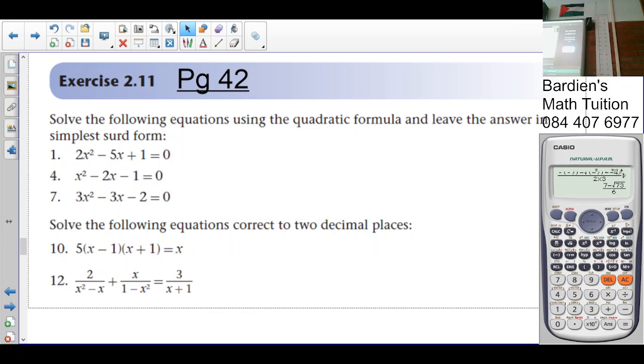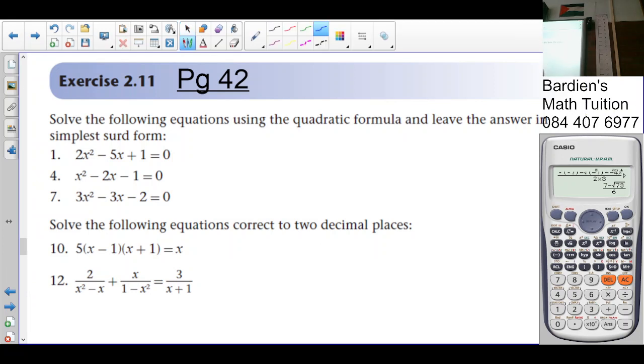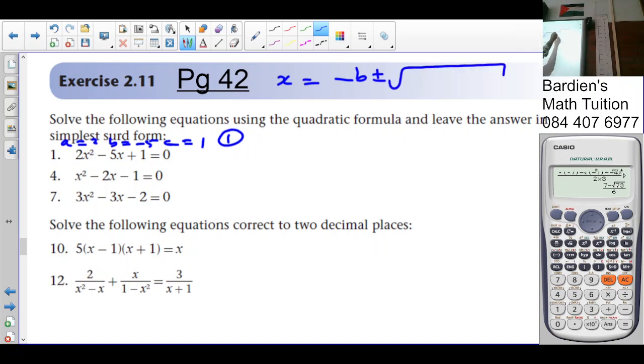Right, so we're going to do the first three quickly. So number 1. My a value is 2, my b value is negative 5, and my c value is 1. Okay. Formula is x is equal to minus b plus minus the square root of b squared minus 4ac over 2a.